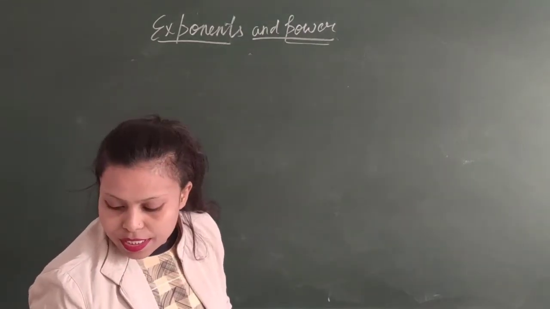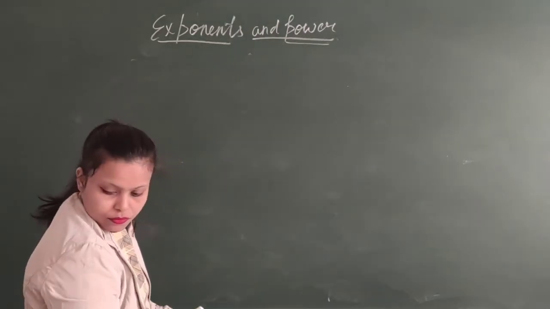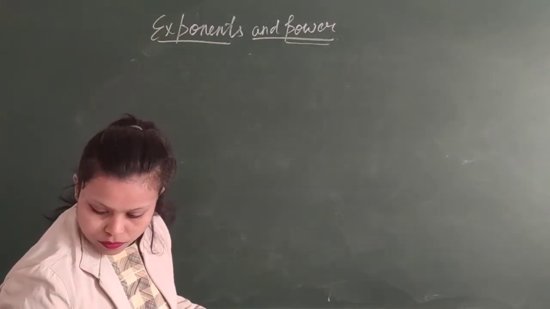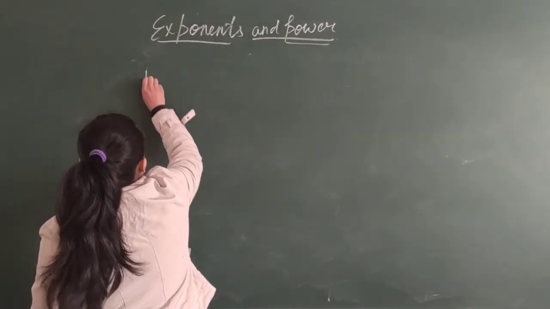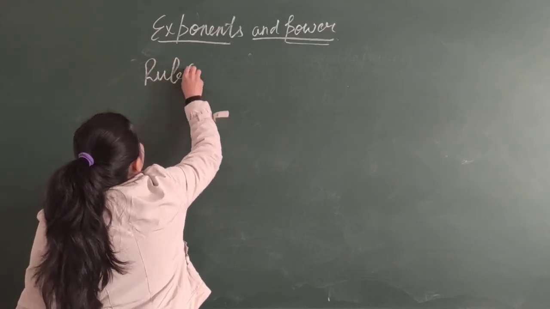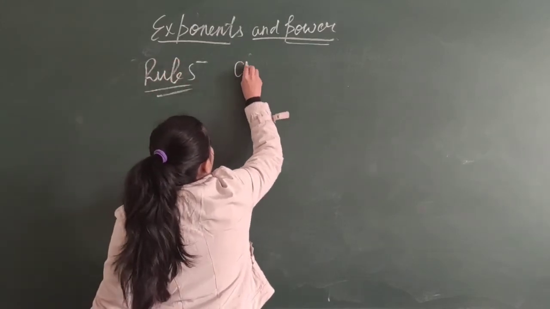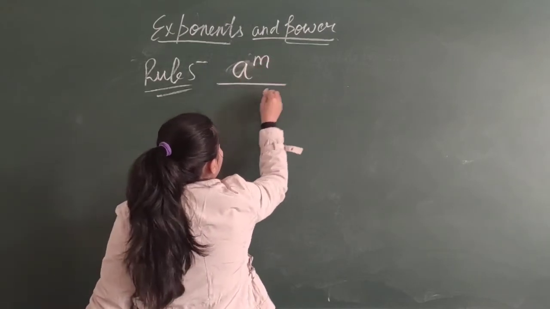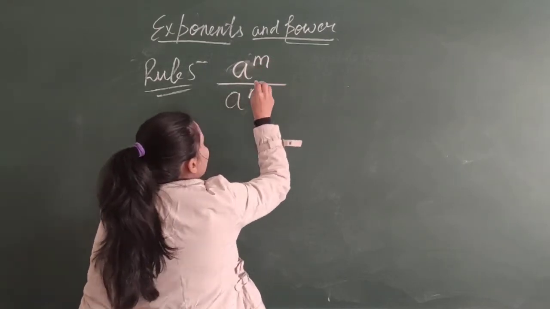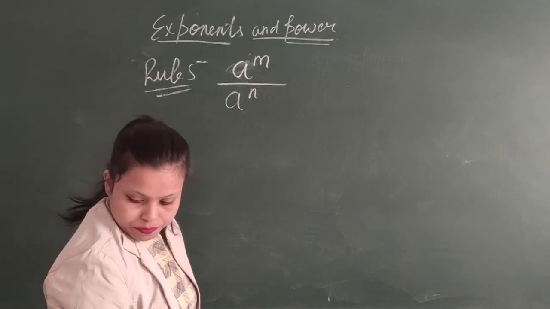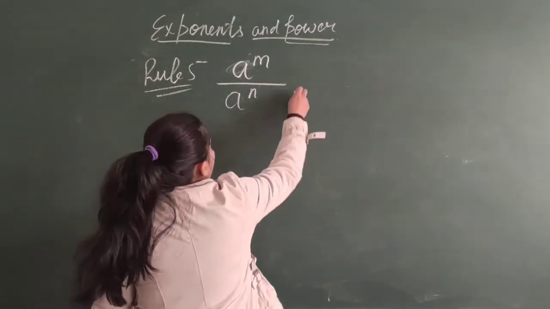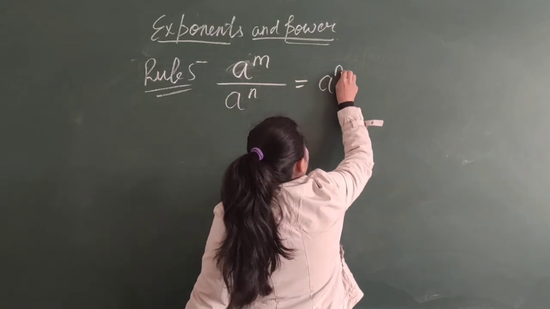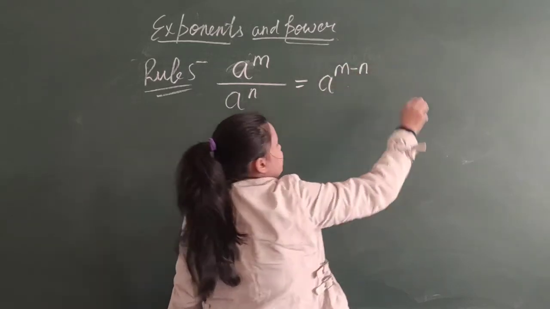Let's come to the next rule. Rule 5 is if a to the power m is divided by a to the power n, it will give you a to the power m minus n.